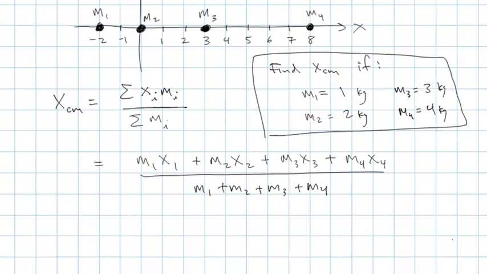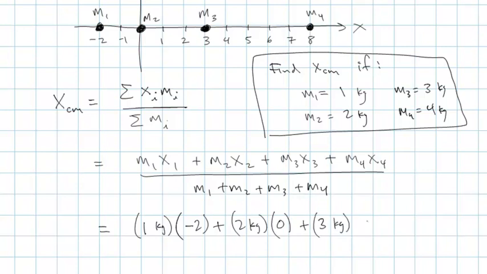So we're going to find the x center of mass if m1 is 1 kilogram, m2 is 2 kilograms, m3 is 3 kilograms, and m4 is 4 kilograms. 1 kilogram multiplied by its location, and m1 is located at -2 on the x-axis. m2 multiplied by its location, and it's at 0 on the x-axis. m3 is 3 kilograms, and it's located at 3 meters on the x-axis.